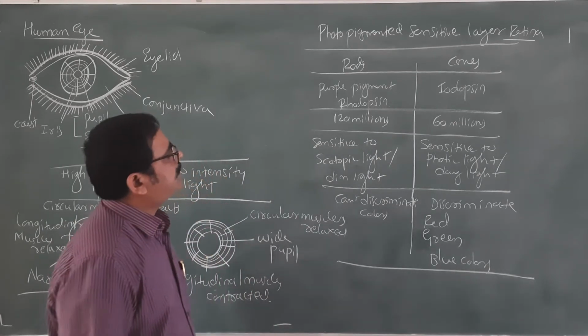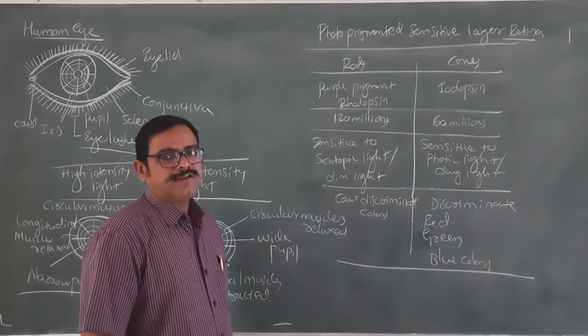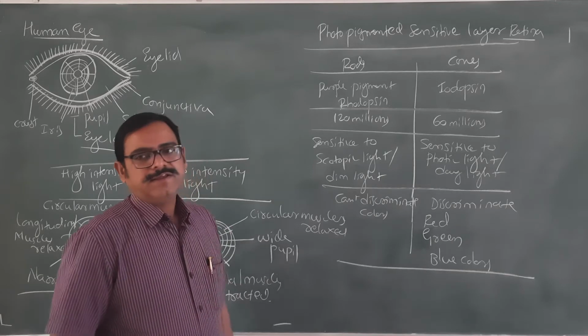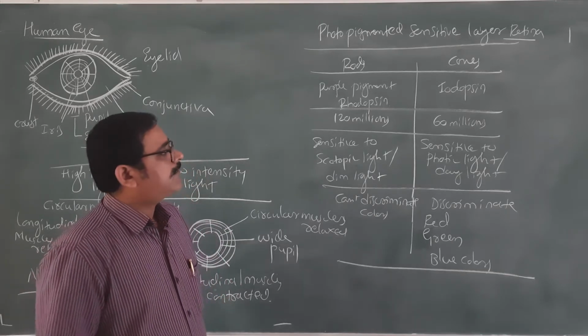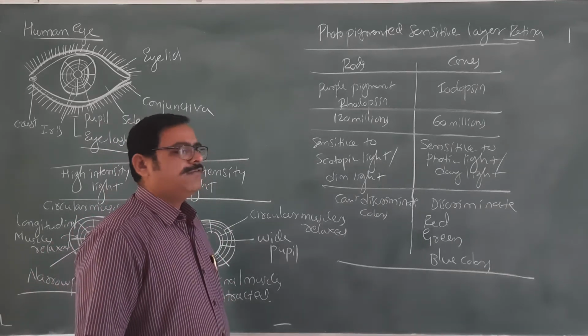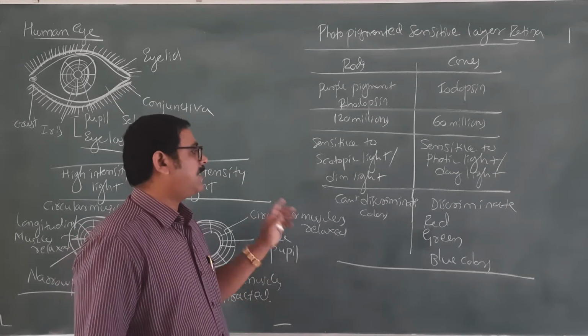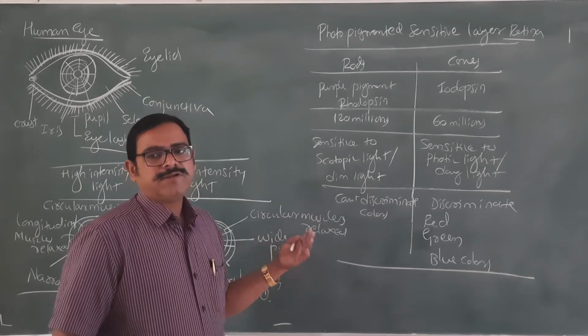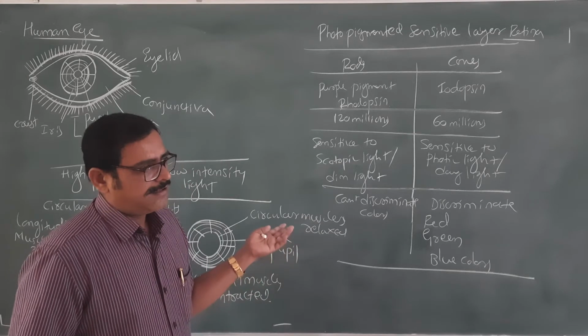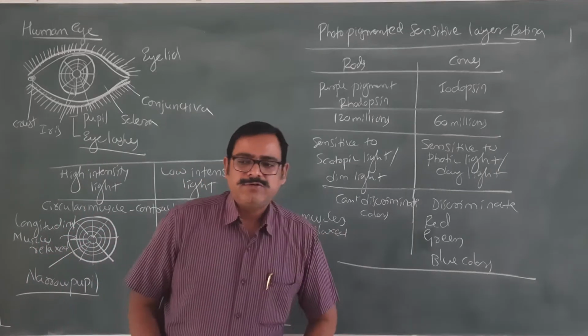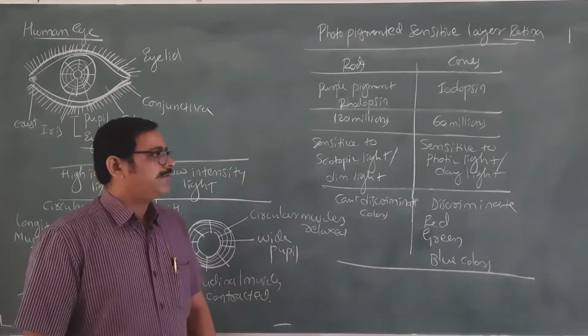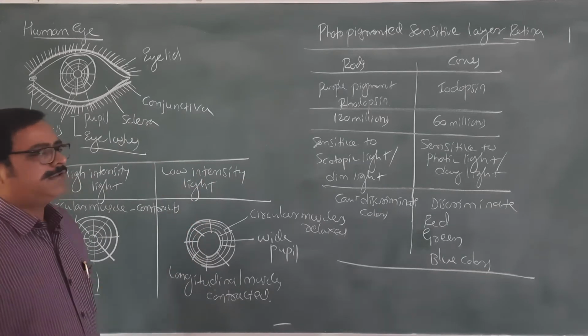Rods are cylindrical, rod-shaped, and cones are cone-shaped. Cones are very essential for color vision, whereas rods are essential for seeing bright or dull images. So these are the basics of rods and cones.